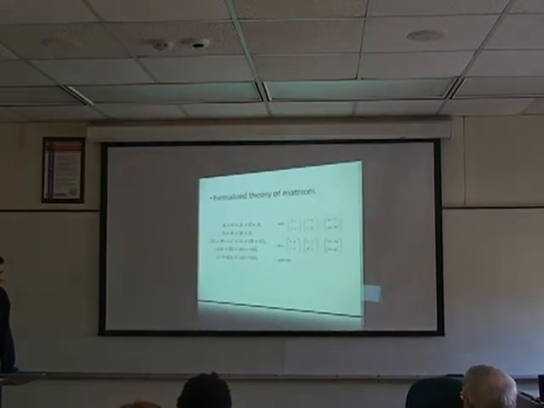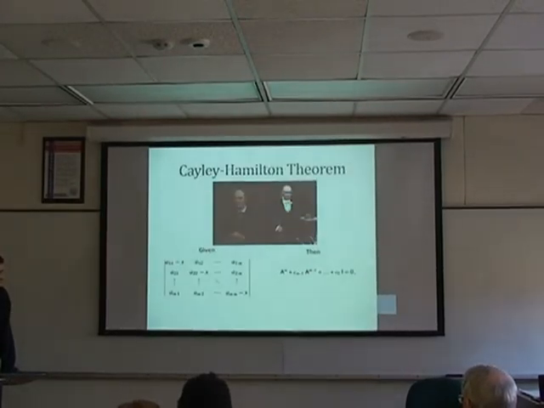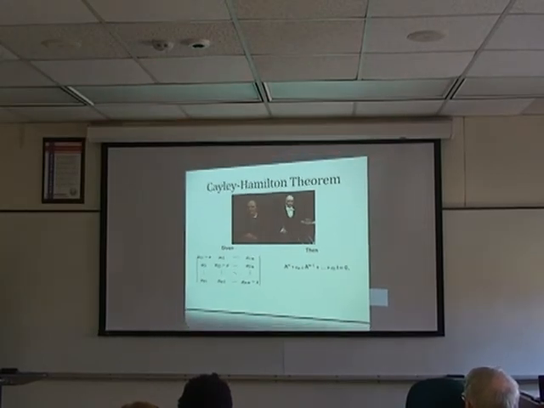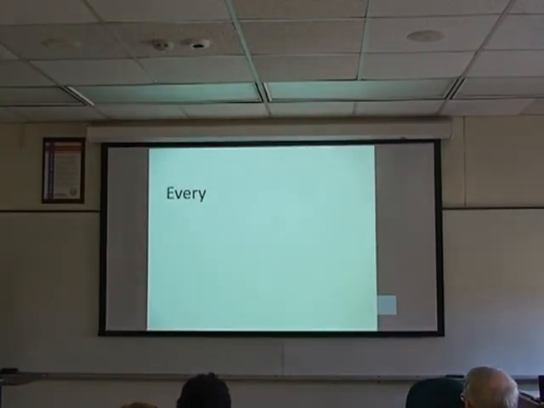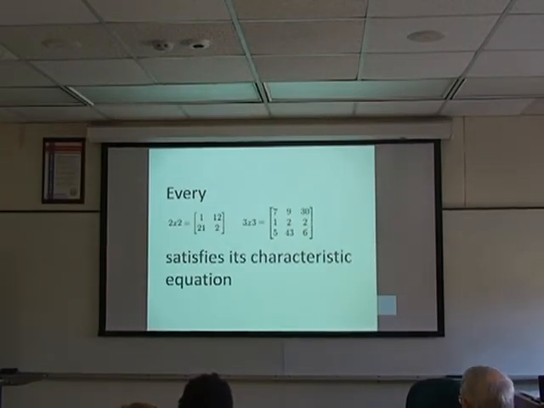Okay, so his specific contribution to linear algebra was the Cayley-Hamilton theorem, and Cayley is on the left. The theorem says that every square matrix satisfies its own characteristic equation.